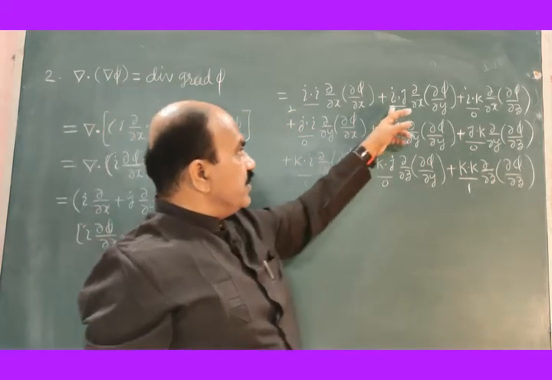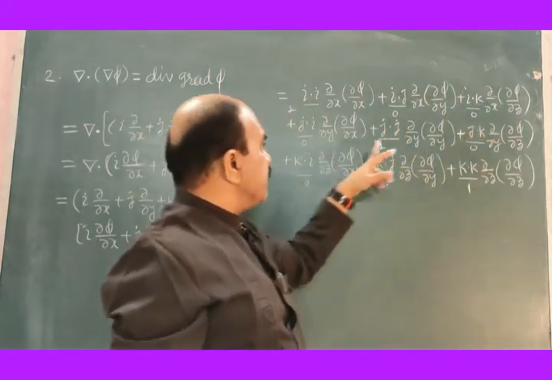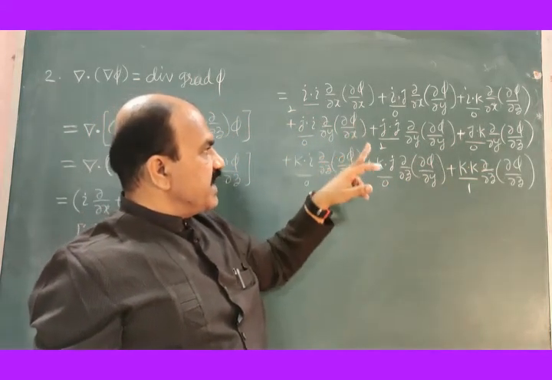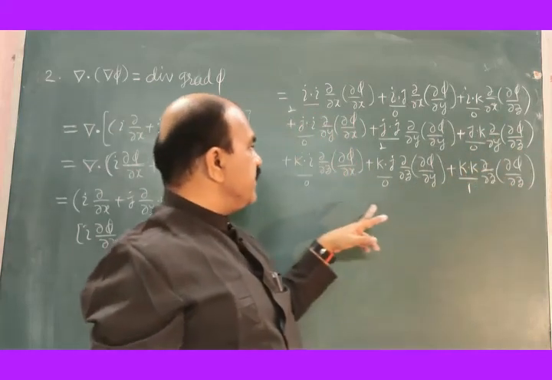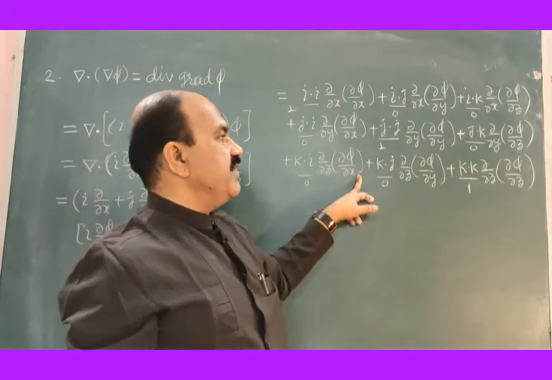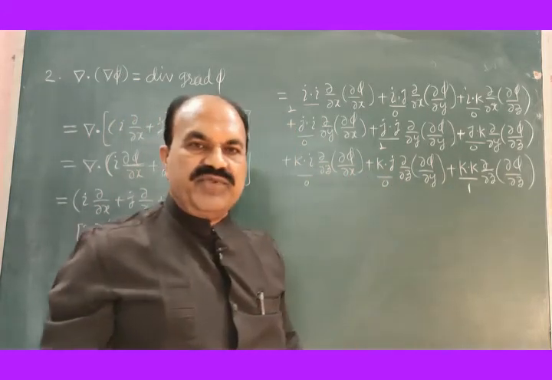Okay, so this term has become 0, as this is 0, and likewise each of the other cross terms has become 0.